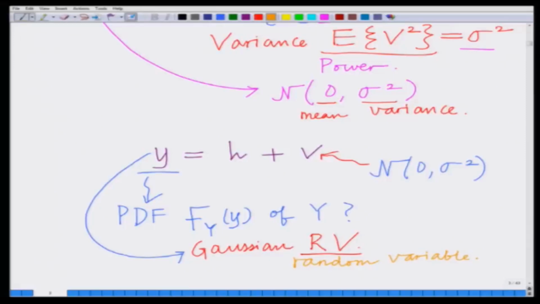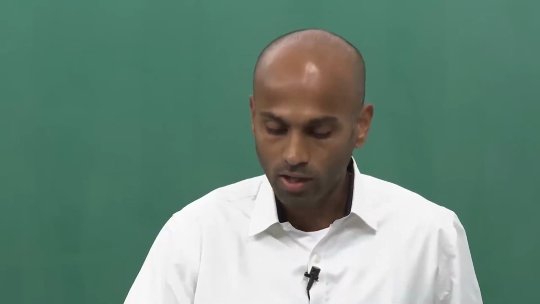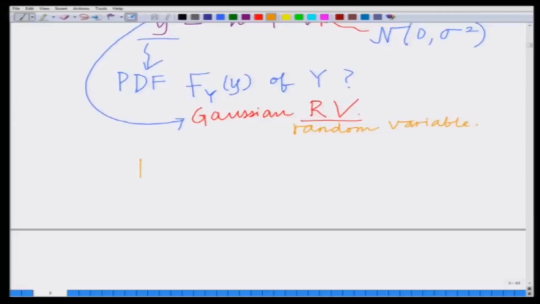And what is the mean of y? Now, look at this: we have Gaussian noise v which is zero mean, to which a constant h is being added. Therefore, the mean is shifted by the value of this constant, which is h. Therefore, the mean of y is nothing but h, because the noise v is zero mean.